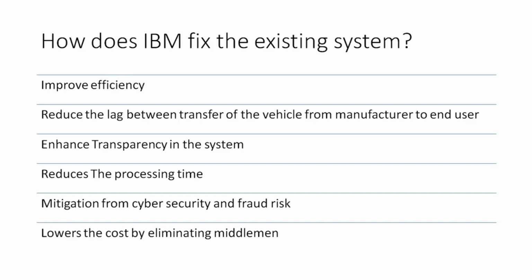Thus, it will reduce the cost. In a sense, IBM wants to ensure that the new system is more secure, more reliable, and puts more faith of the customer onto the leasing company. And this is the value addition that IBM is trying to create in this particular industry.